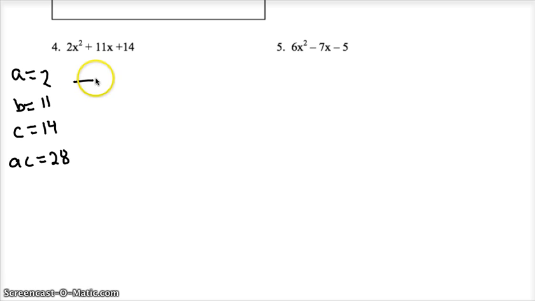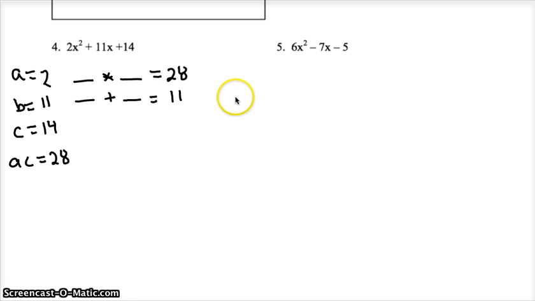Now, two factors which multiply to equal 28 and add to equal 11. Thinking about my factors of 28, it appears that 7 and 4 will both multiply to be 28 and add to be 11.